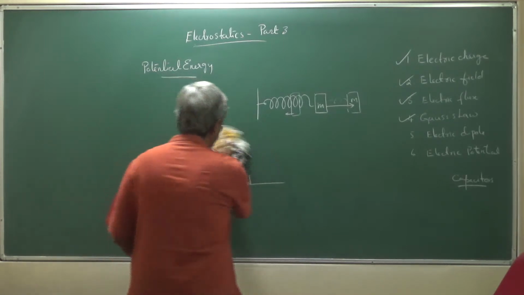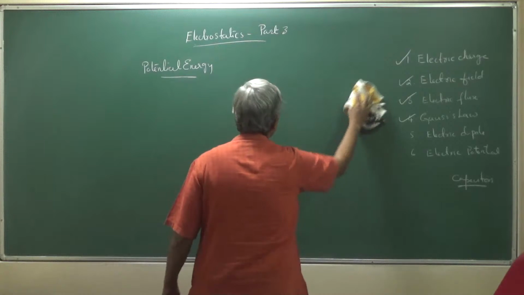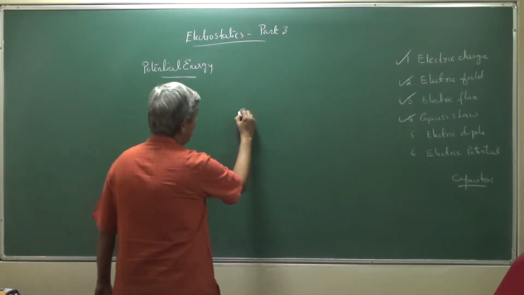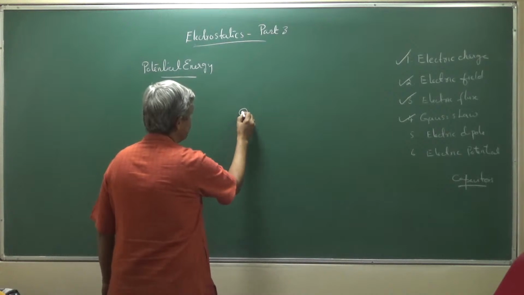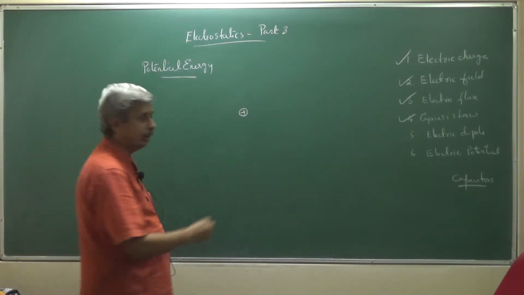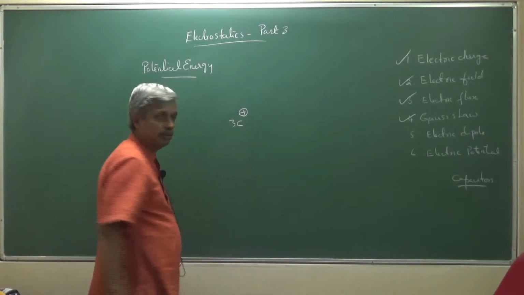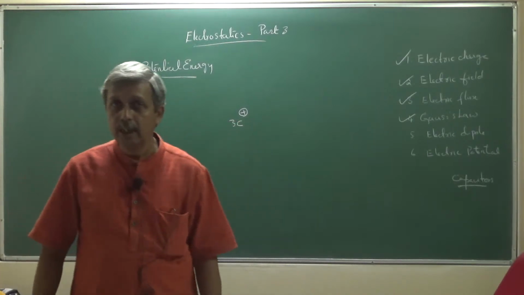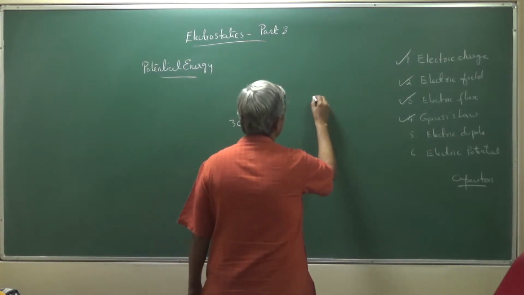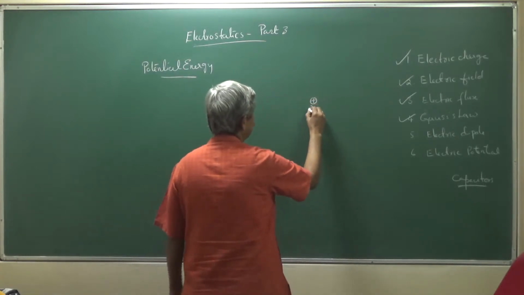So if I want to write down, for example, one charge here, let us say a plus charge of 3 coulombs, and I keep another charge here, also a plus charge, let's say 2 coulombs.